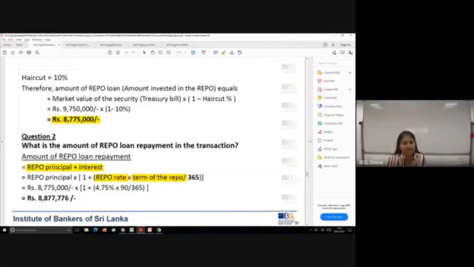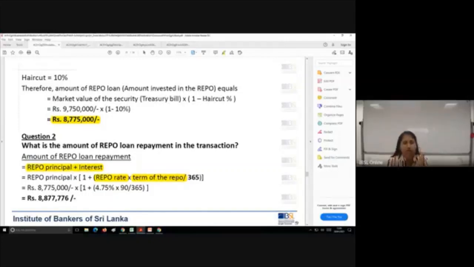Remember, this arrangement, the repo arrangement, is different from the treasury bill issue. Treasury bill issue is 364. In a repo arrangement, it can go throughout the year, which is essentially 365 days. That's why we have used 365 here.